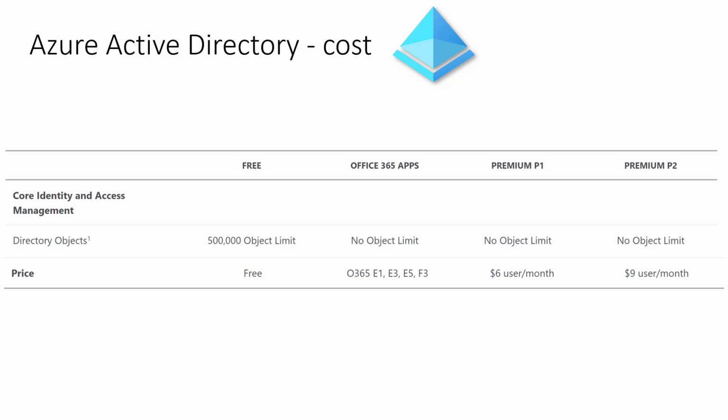So you can also decide to use higher licenses or tiers, like Office 365 apps, Premium P1 or Premium P2 license. In this case, there is a cost. For instance, using the Premium P1 license will cost you $6 per user per month. And when you use the Premium P2 license, you will pay $9 per user per month.